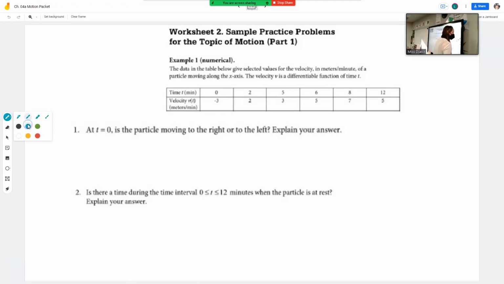I want you to use words, because that's what you're going to have to do on the free response. Use words and use them well. At t equals 0, where is that in the table? You see it? Cool. So at t equals 0, you can read a table. I'm so proud of you. What are they giving you? Velocity in meters per minute with the time being measured in minutes.